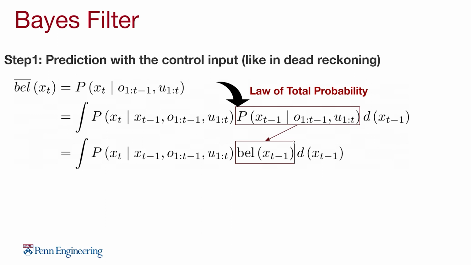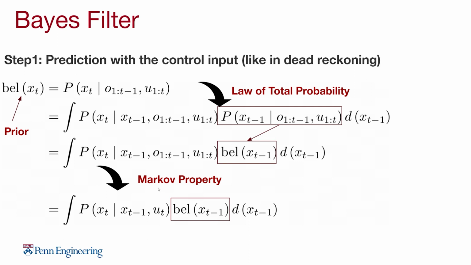And we know our estimation for the last timestamp t minus 1 is just our belief for the last timestamp. So here we get a recursive term about how to use the belief of the last timestamp to get the prior estimation for the current timestamp.